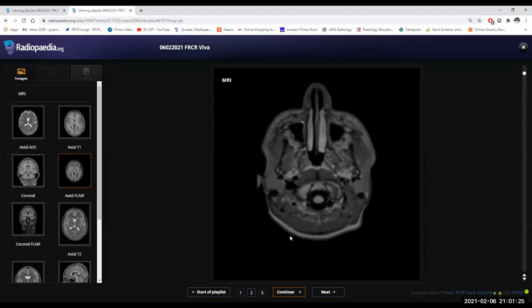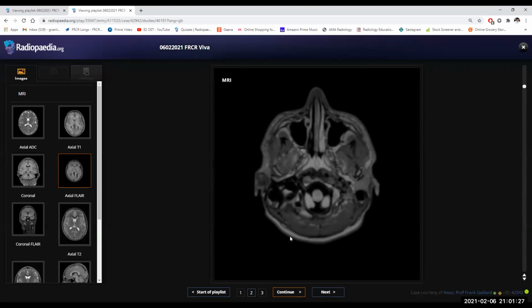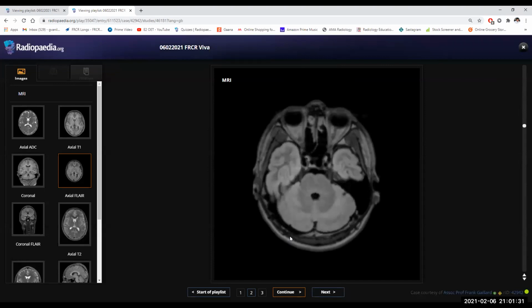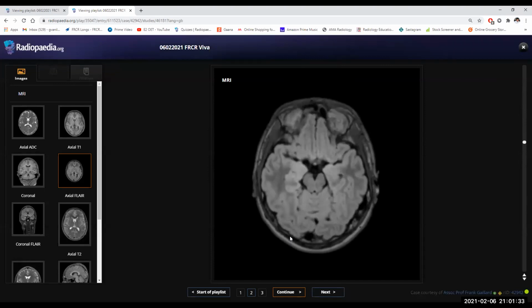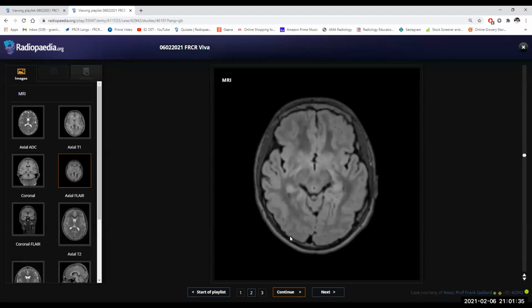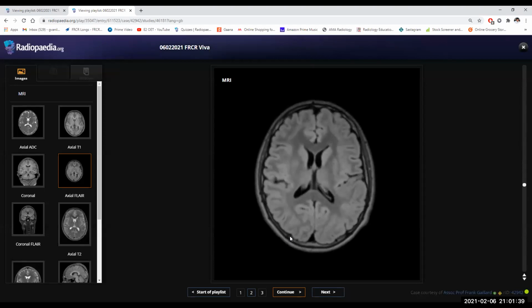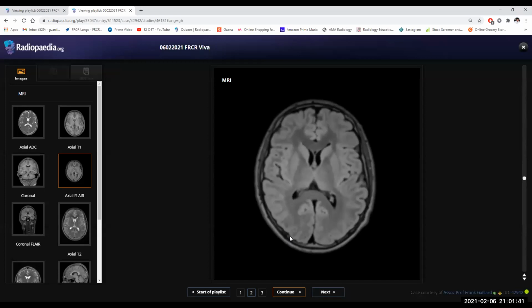Again, I'm going caudocranially. I'm looking at the brainstem and the cerebellum, trying to locate any abnormal signal intensity in the infra or supratentorial location in a patient with a history of seizures.